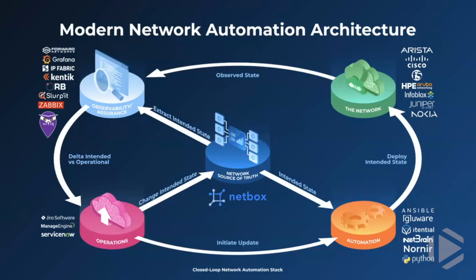And then you've got another process on the other side which checks if anything's changed in the infrastructure. That's exactly what we're proposing here with NetBox and NetBox branching. When you update NetBox in a branch, you can then go and apply those changes to the network. But then also, up on the top left, you have this observability and assurance thread, which is always looking at the network to see: is what's in NetBox actually matching what's in the network?